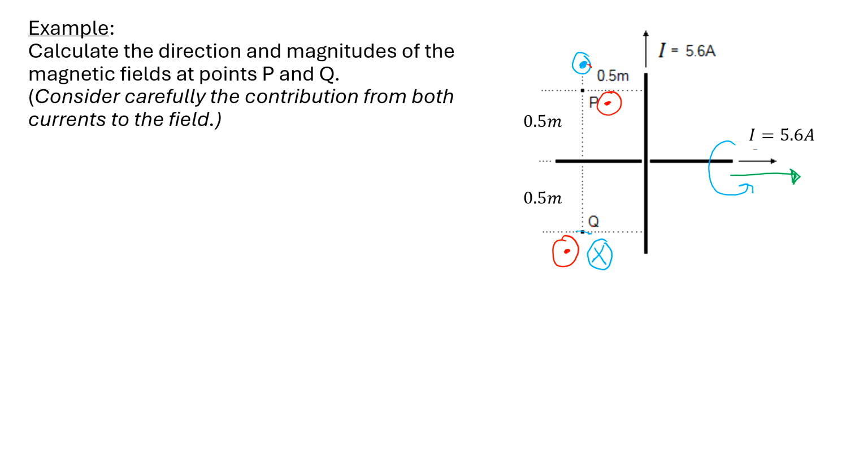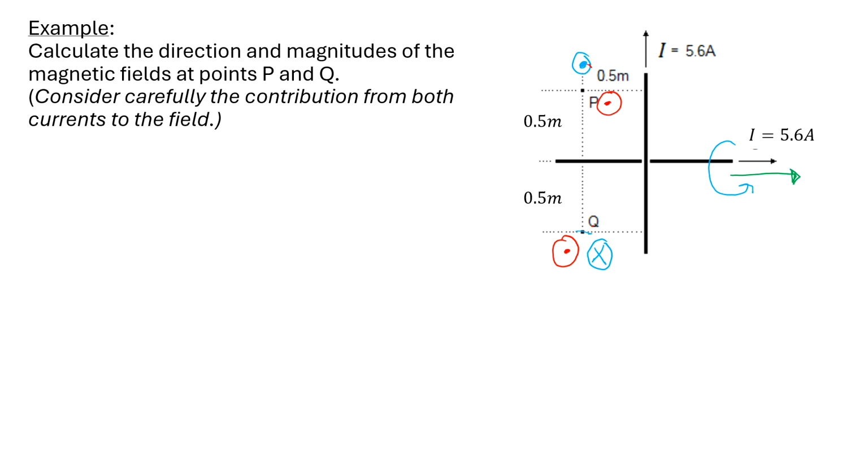Superposition says we can think of these independently and add them together as a vector. It's kind of hard to do that as a vector, but since they're directly towards or directly away from each other, we can think of this as just the magnitudes. And so considering point P, both of these are in the same direction.